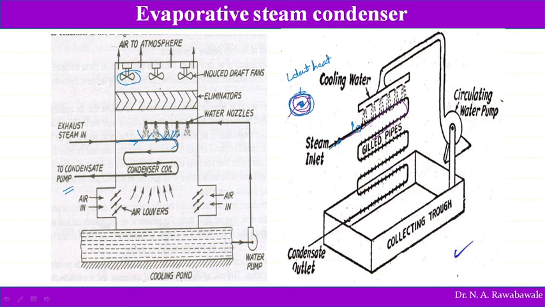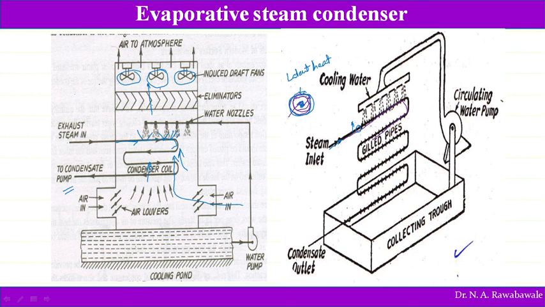For proper evaporation of water over the surface of the tube, circulation of air is a must. So these fans suck the air from the top. Air enters from the bottom, passes over the coil and evaporates water. This evaporated water mixes with the air and passes into the atmosphere.